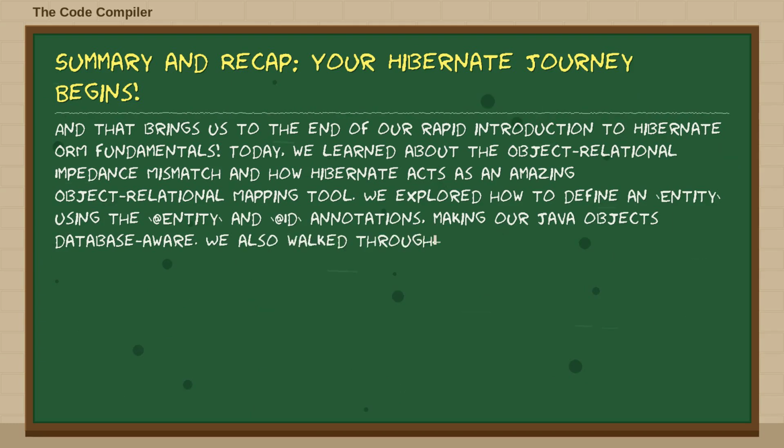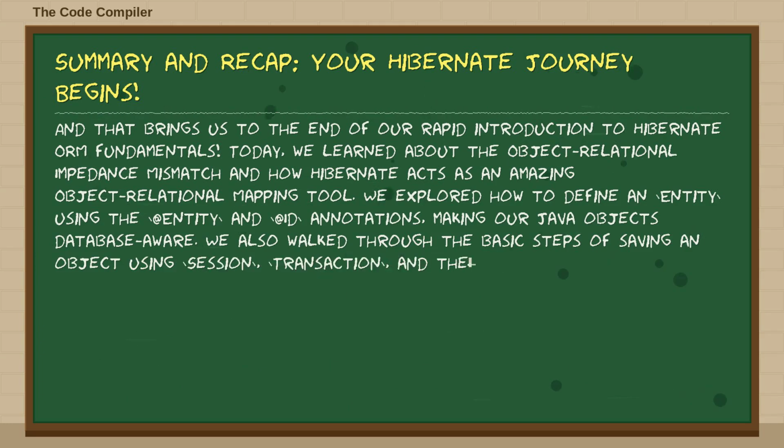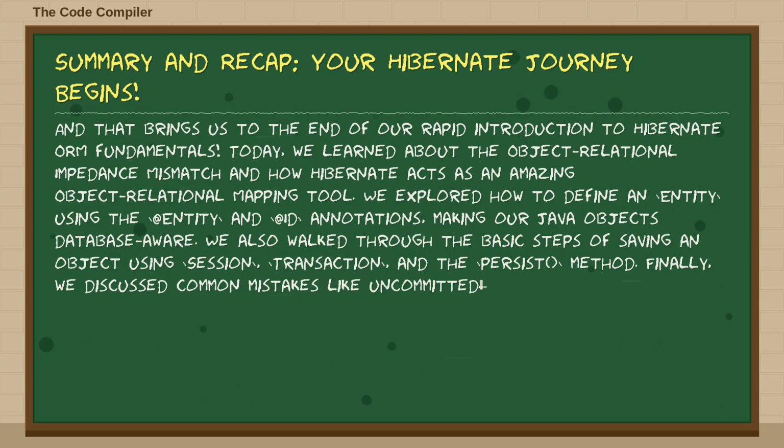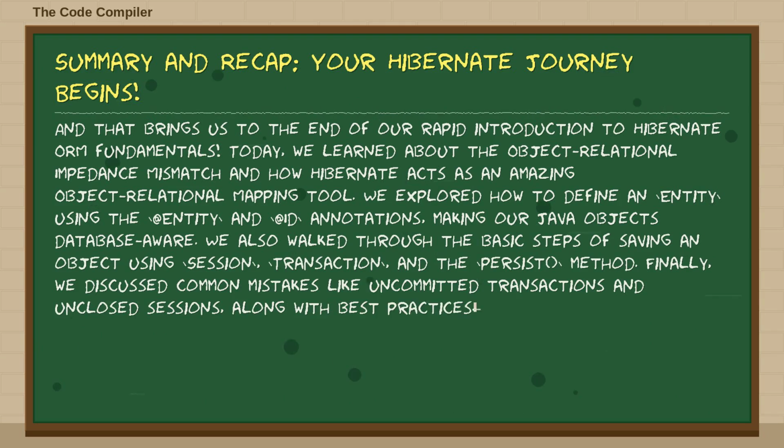We also walked through the basic steps of saving an object using session, transaction, and the persist method. Finally, we discussed common mistakes like uncommitted transactions and unclosed sessions, along with best practices to avoid them.